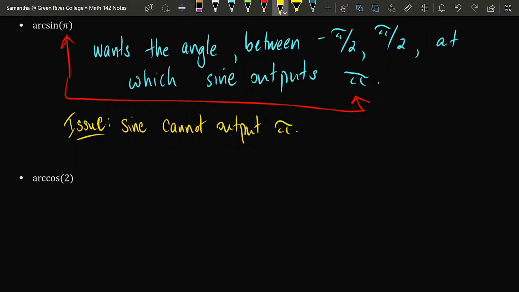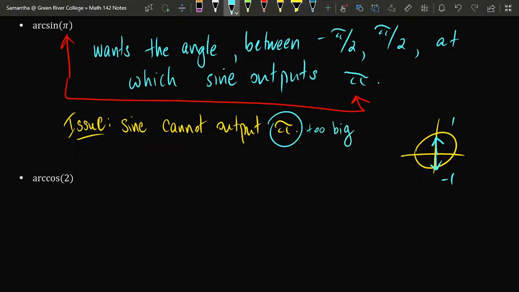because sine is outputting values on the unit circle, and the unit circle has a radius of 1, the outputs of sine are limited and are trapped between -1 at their smallest and +1 at their highest. So if we ask sine to output a value like pi, this is simply too big. Sine cannot output a value that is this large. So arcsine of pi is not a number.